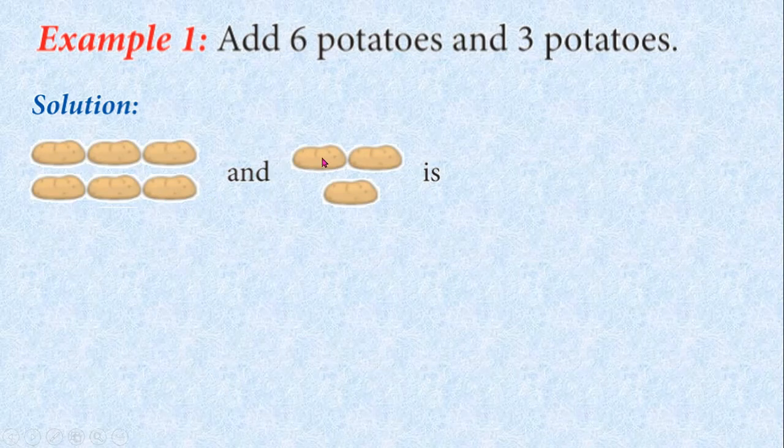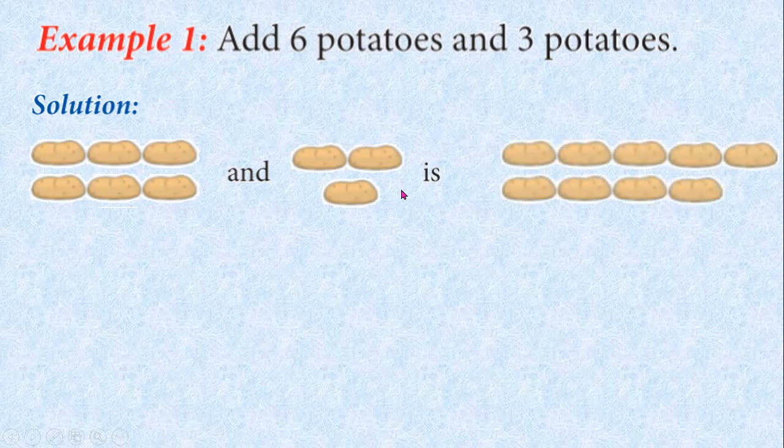And here we have 1, 2, 3 potatoes. Let us put them together. Addition is nothing but putting the things together and counting them. So we put these 6 potatoes and 3 potatoes together. Now let us count them.